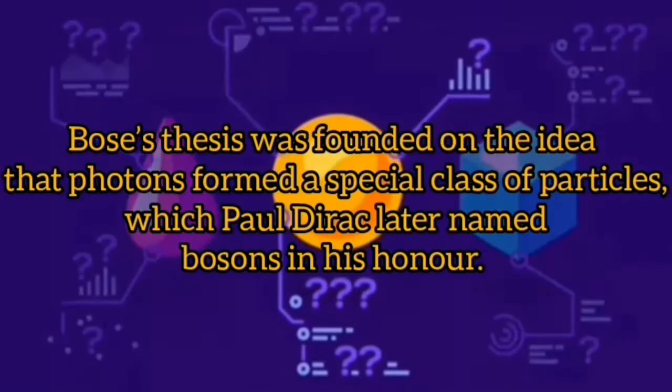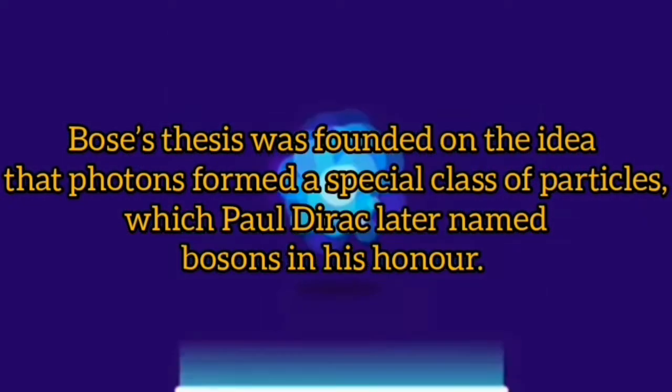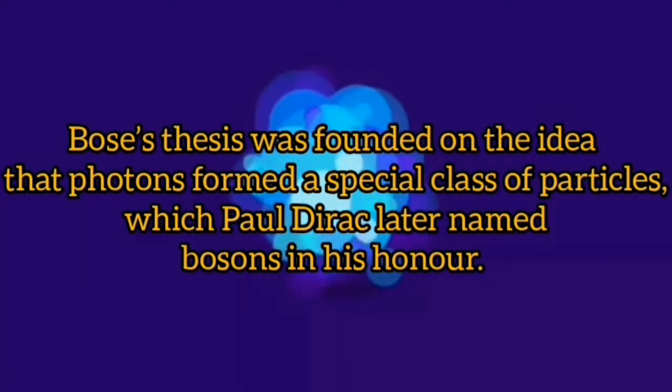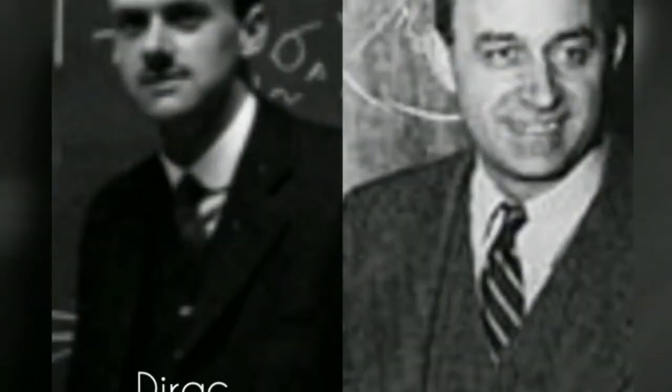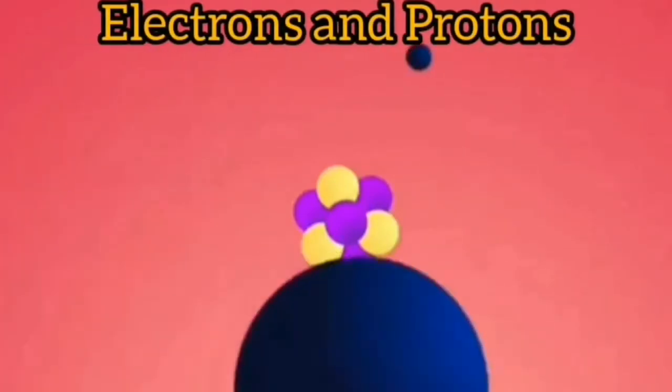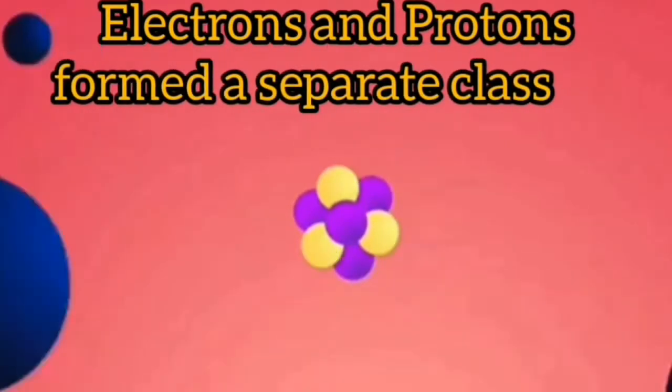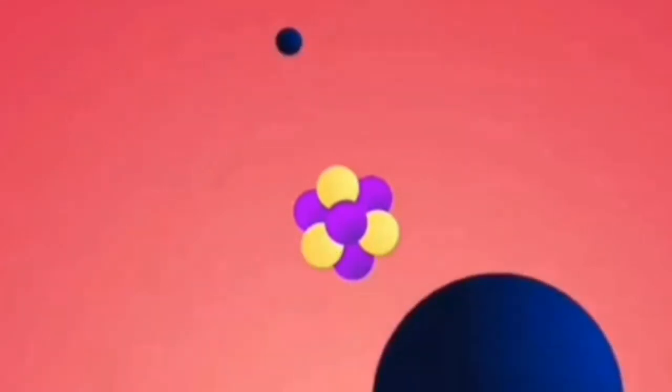Bose's thesis was founded on the idea that photons formed a special class of particles, which Paul Dirac later named bosons in his honor. Dirac and Enrico Fermi had separately realized that particles like electrons and protons formed a separate class, since called fermions.